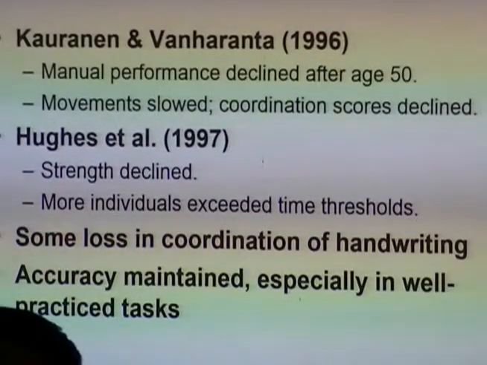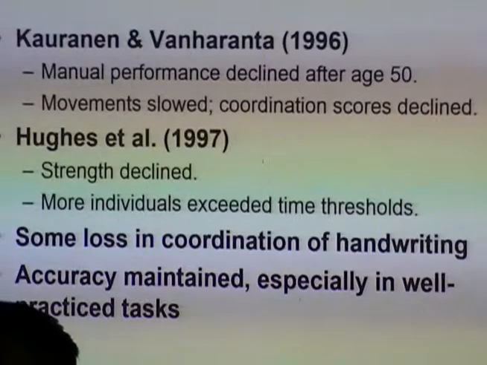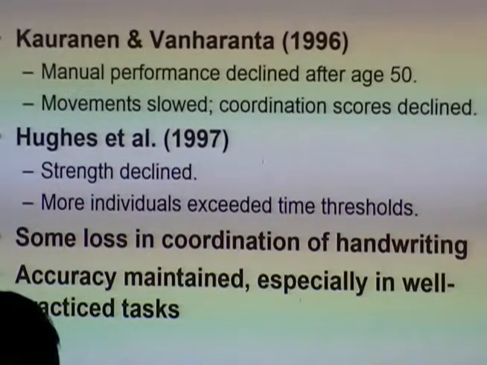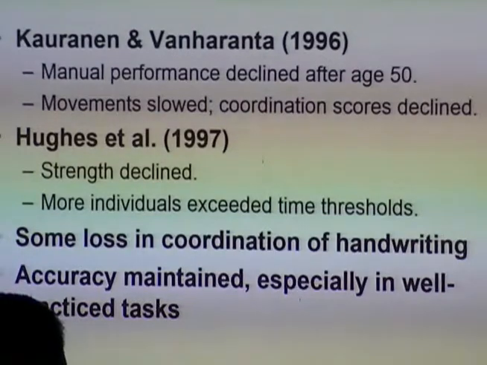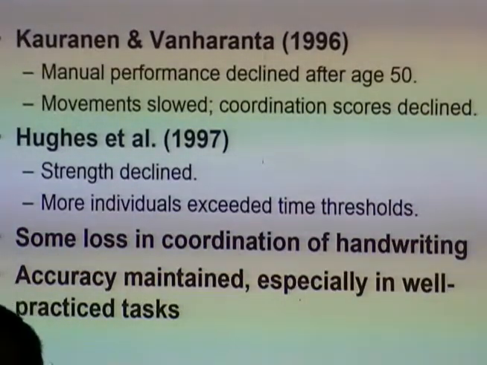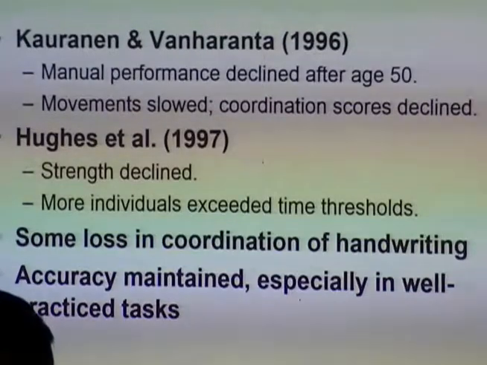When you're in your 90s, you actually start to have problems with force production, so now it becomes very faint and wobbly. But again, making it into your 90s is a pretty big deal. Accuracy tends to be well maintained if the task is practiced a lot. So if I'm driving, I don't make a lot of errors with accuracy. If I'm paying attention, which can be a whole other problem.